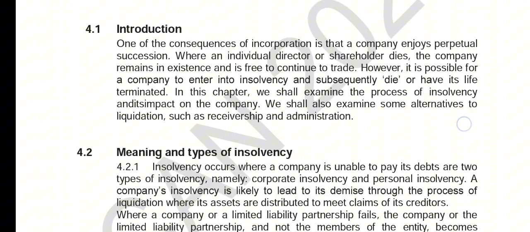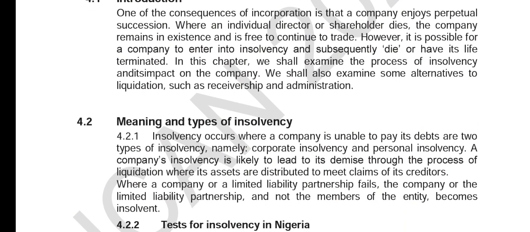See, when we talk about insolvency, in the case of an individual, we can actually use the word bankruptcy. So for a company, the right word to use is insolvency. And what does insolvency mean? Insolvency is a situation that occurs when a company is unable to pay its debts. And there are two types of insolvency.